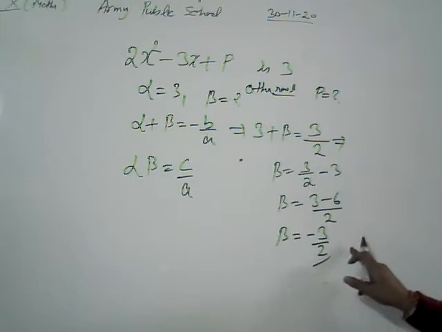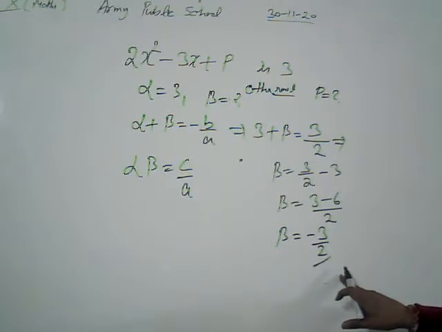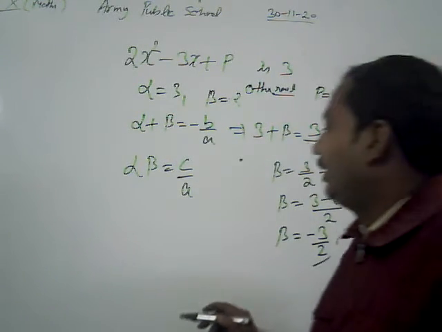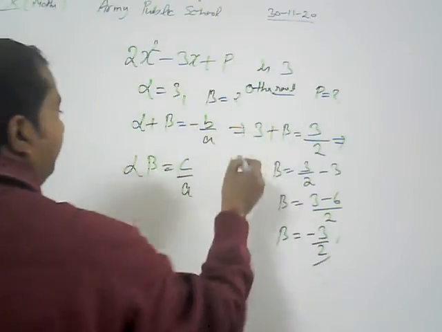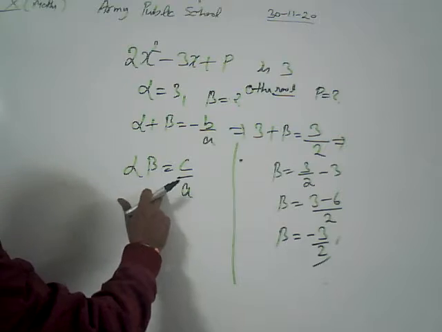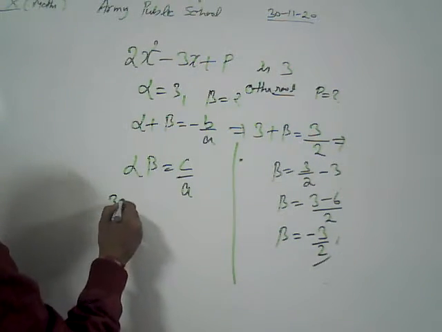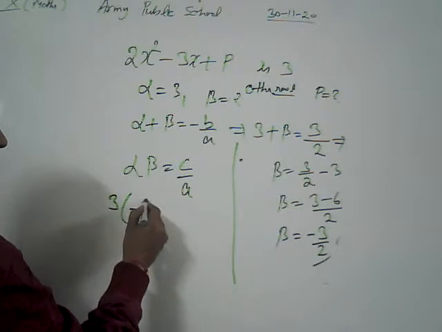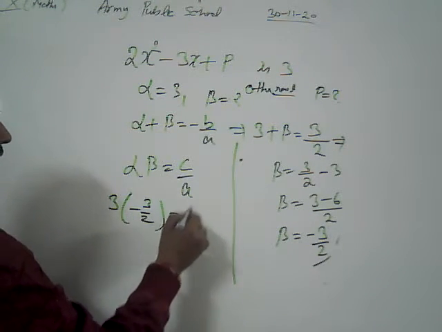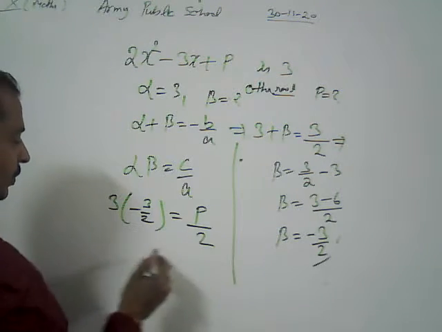So we can say that the other root is minus 3 by 2, and we also have to find the value of p. Now look, alpha into beta is equal to c by a. The value of alpha is 3, the value of beta is minus 3 by 2, c is p, and the value of a is 2.